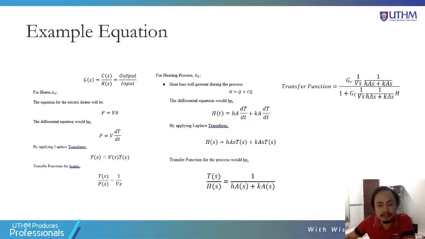Then the transfer function for the process would be T(s)/H(s) equals 1 over Has plus Kas. So by combining everything, the transfer function that we get is Gc times 1 over Vs multiplied with 1 over Has plus Kas, over 1 plus Gc times 1 over Vs multiplied with 1 over Has plus Kas times H.